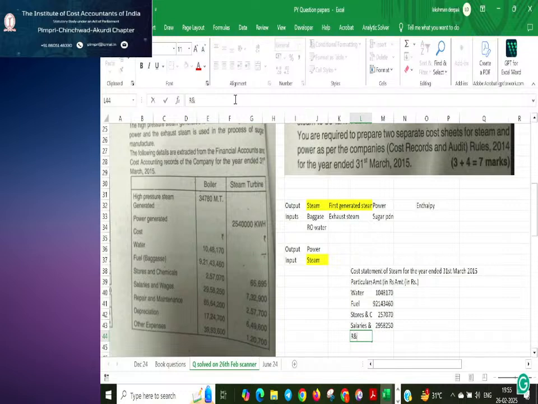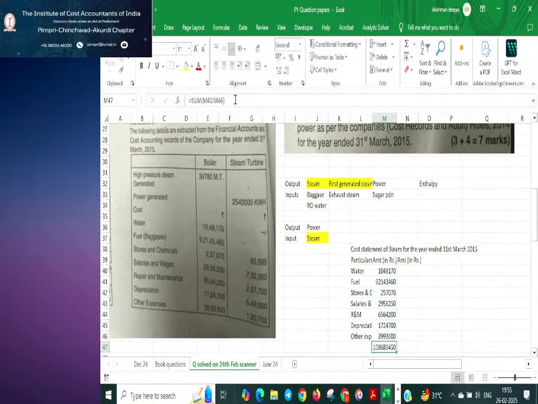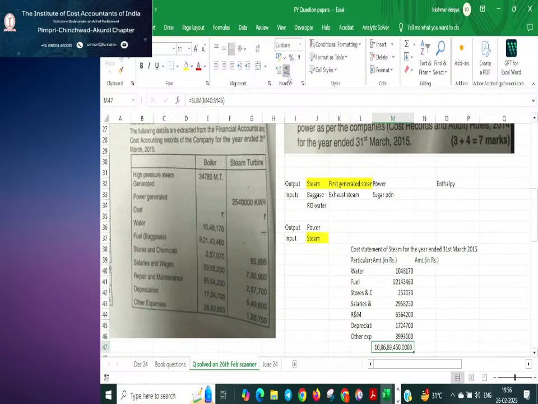Okay, so repair and maintenance 65, 64, 200. Then depreciation pertaining to boiler 17 lakhs 24 700. Other expenses, these are all your overhead expenses but directly related to the boiler, 39 lakhs 93 600. So all this put together is this much.